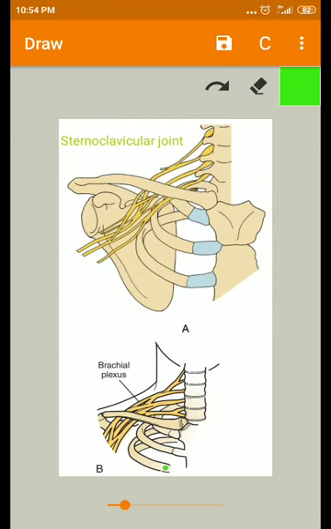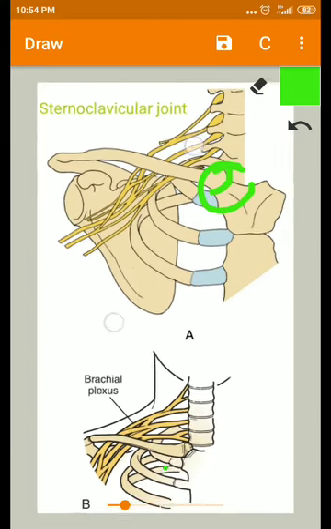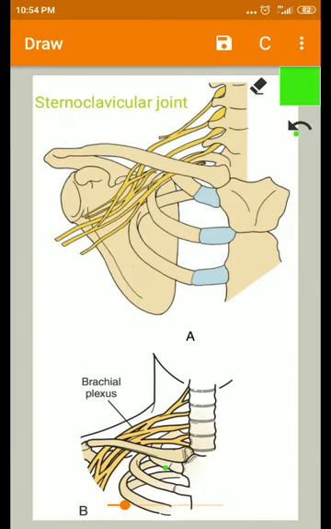Because of this asymmetry of the sternal end of the clavicle and the clavicular notch, this joint is an incongruent joint. Okay. And this joint is classified as a plain synovial joint because of the saddle shape of the articular surfaces.